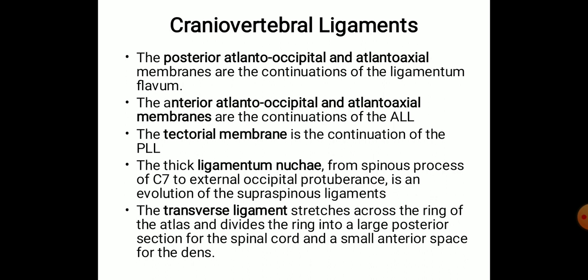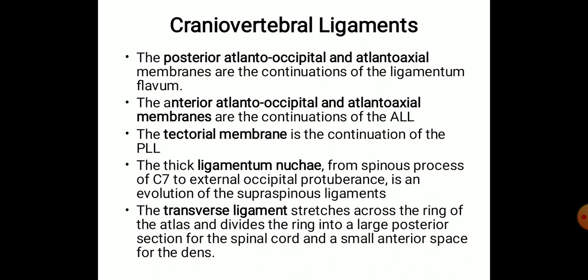From there, either it extends as some other ligaments to the occiput or to the upper cervical region. So most of the ligaments which we can see in this upper cervical region are either an extension of the normal vertebral column ligaments or some premature structure which corresponds to some of these vertebral ligaments.